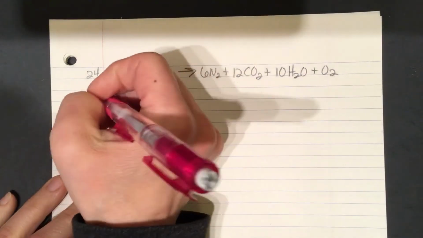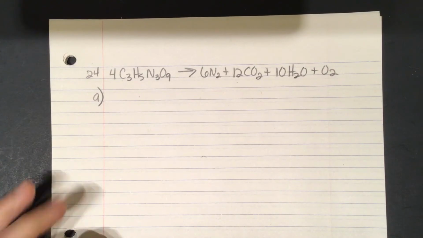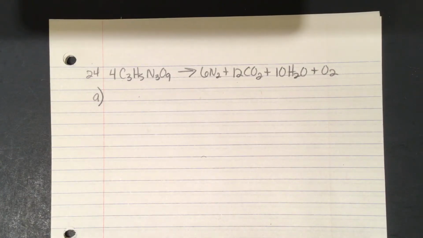So for 24A, we are told when nitroglycerin explodes, nitrogen, carbon dioxide, water, and oxygen gases are released initially. Assume that the gases from the explosion cool to standard conditions without reacting further. So A, if 16.7 moles of nitroglycerin react, how many liters of N2 are produced?